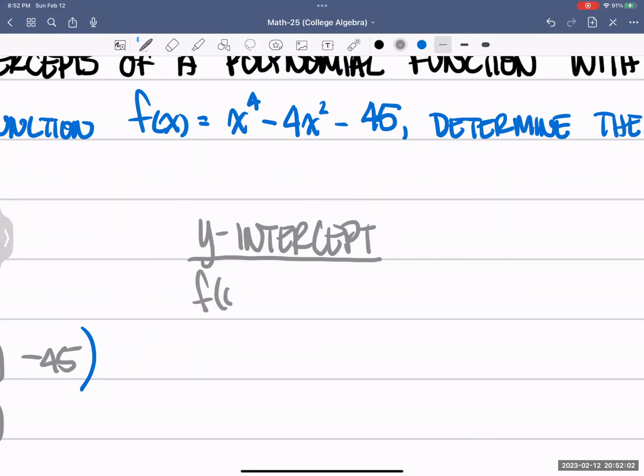Everywhere we see an x, we're going to plug in a 0. F of 0 is 0 to the power 4, minus 4 times 0 to the power 2, minus 45. That goes to 0, that goes to 0, so we have negative 45.